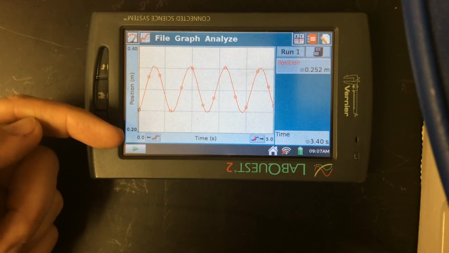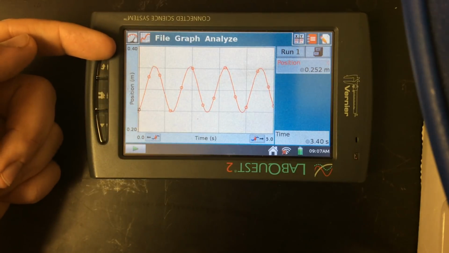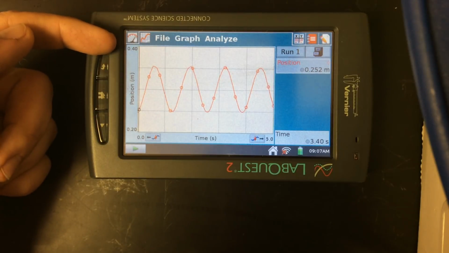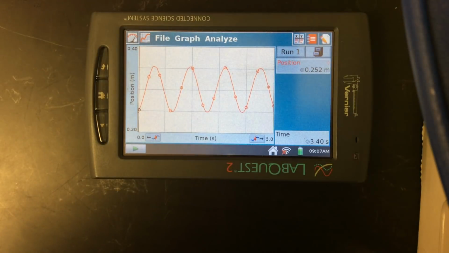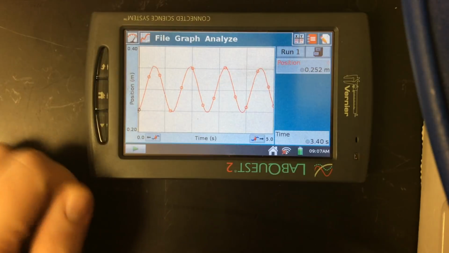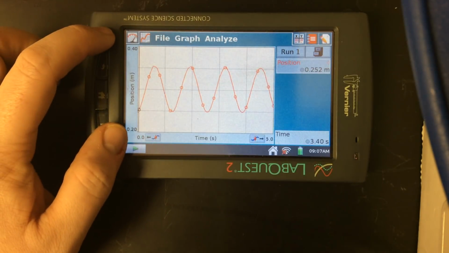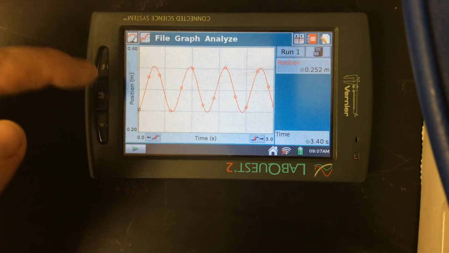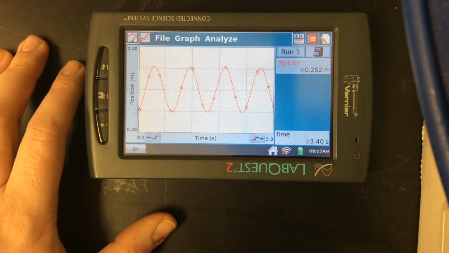So that's not my real low number that I need. And then at the top, 0.40. Again, my graph doesn't go that high, so I don't necessarily need to make my y-axis go that high. I certainly could if I wanted to, but it's better if your line can fill the entire graph.